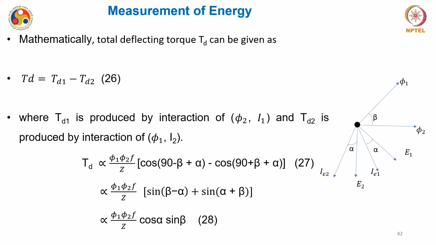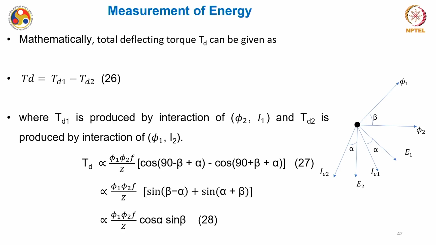So, if I have to calculate the total deflecting torque TD, mathematically it can be simply given as TD equal to TD1 minus TD2, where TD1 is produced by the interaction of phi 2 and I1, and TD2 is produced by the interaction of flux phi 1 and I2.